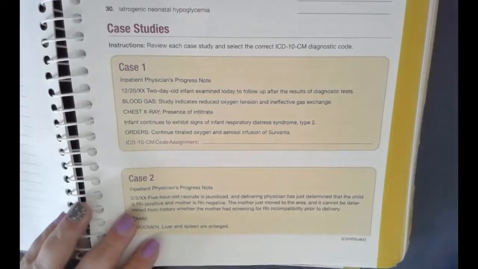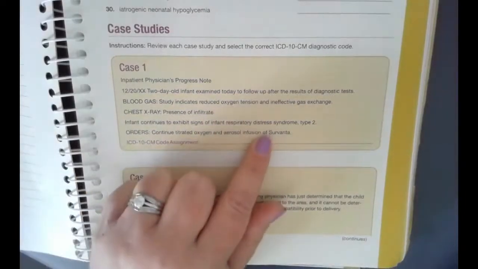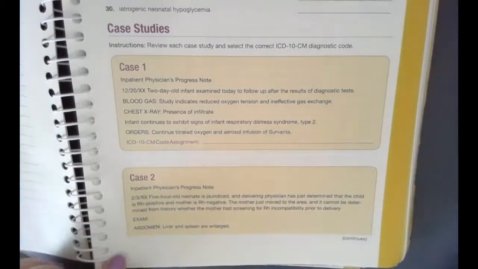All right, so case 1 for chapter 21, because you have the odd cases, inpatient physician progress note, 2-day-old infant examined today, follow-up after results of a diagnostic test. Blood gas studies indicate reduced oxygen tension, ineffective gas exchange. Chest x-ray indicates the presence of infiltrates. Infant continues to exhibit signs of infant respiratory distress syndrome type 2. So that's probably going to be your diagnosis right there.